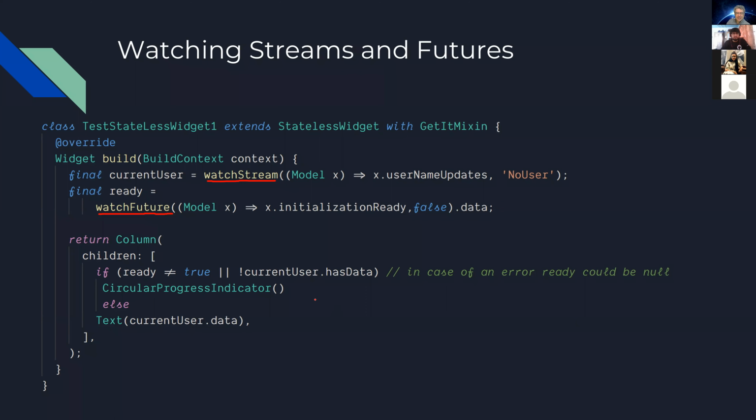So you can do something like this here. Instead of having a future builder somewhere, you can directly use the function: if ready and current user has data, show a progress indicator, which is, in my opinion, easier to read and more concise than what I would otherwise have to do.